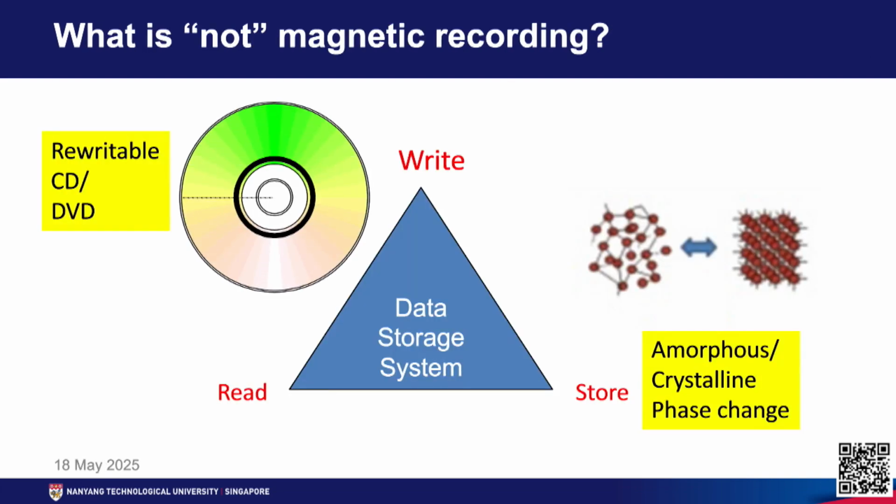If you take a CD or DVD, for example, we have a disc. In that disc we have some material that has the property to go from amorphous to crystalline or crystalline to amorphous. We just learnt about amorphous and crystalline materials.